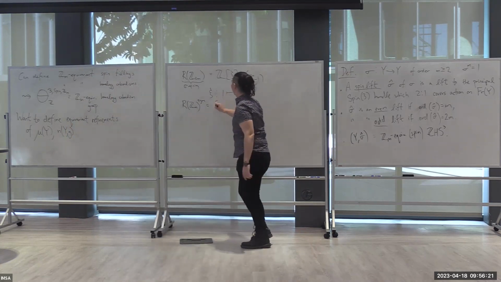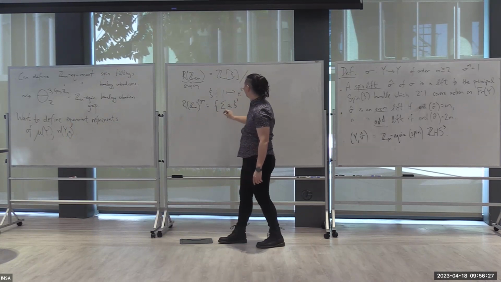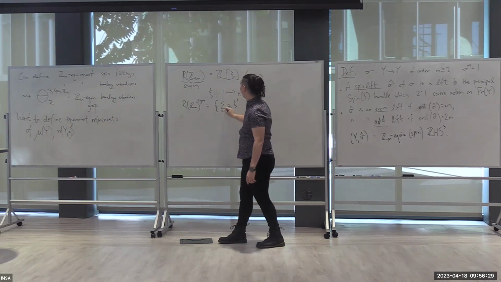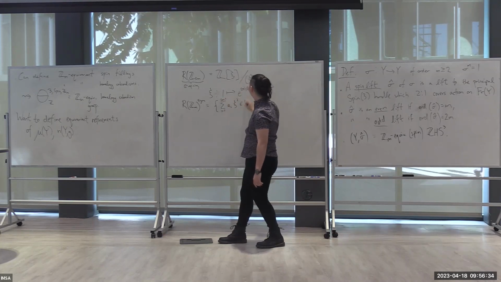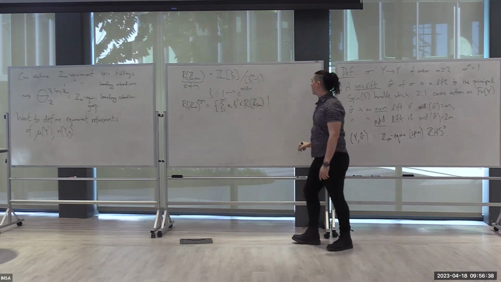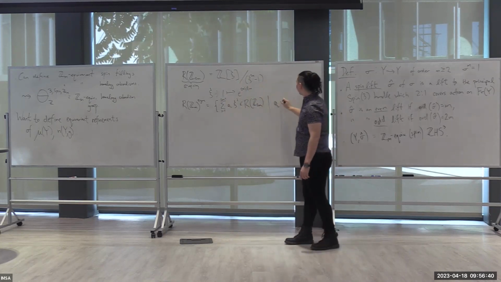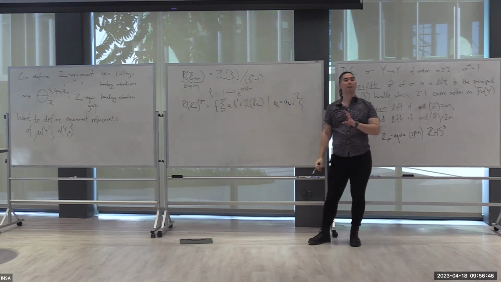It's just the set of polynomials in the C^i, i goes from 0 to n minus 1, such that a_i is equal to a_{n minus i}. All right, so they're symmetric with respect to the conjugation.